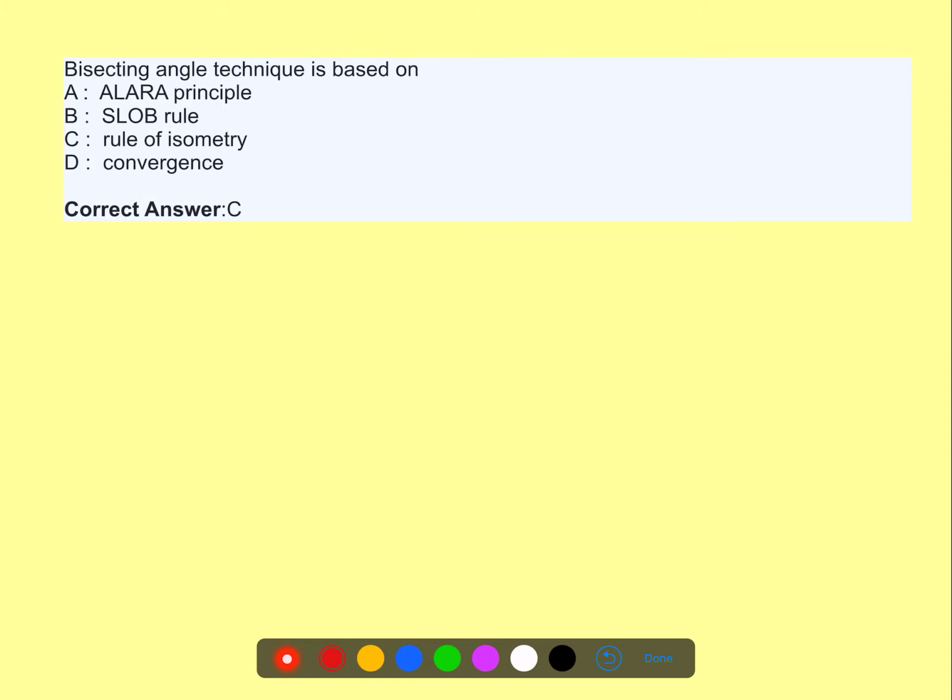Bisecting angle technique. This is also a direct question. This bisecting angle technique is based on a principle called the rule of isometry.